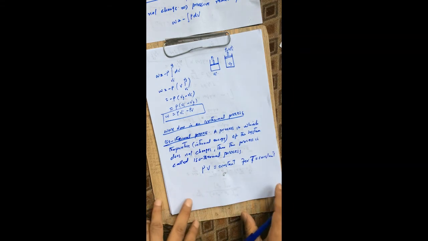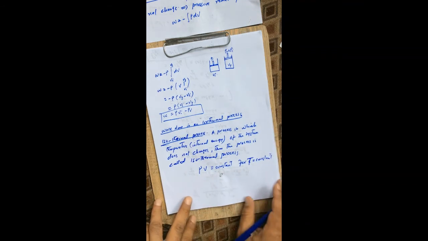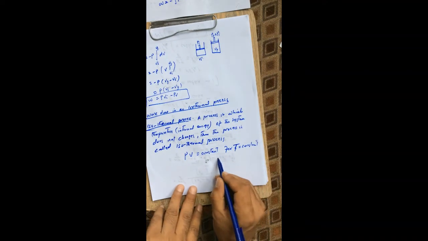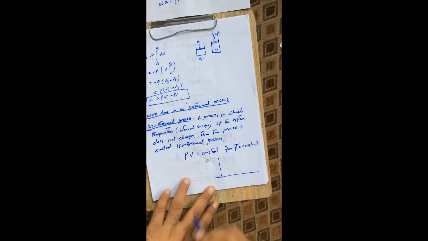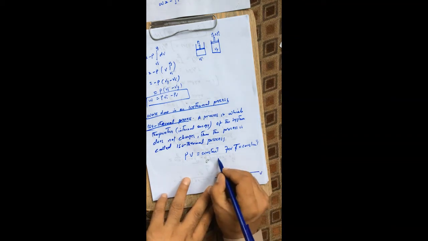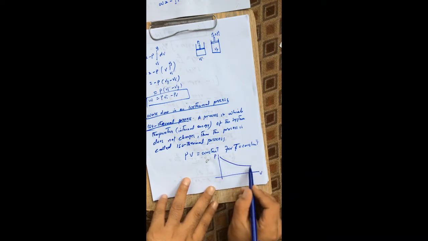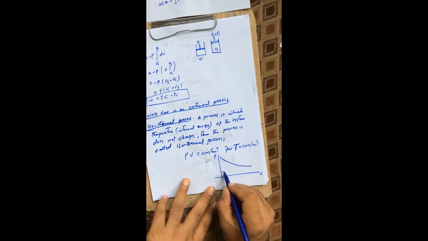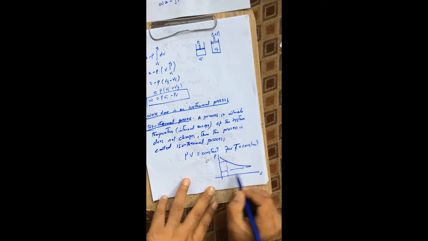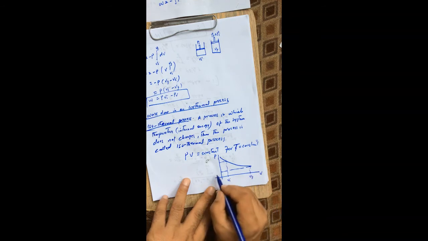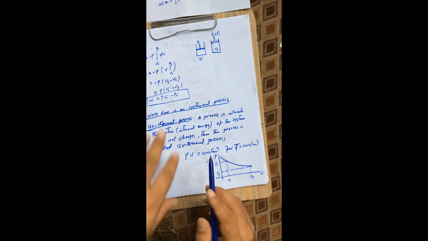So the relation between P and V at constant temperature is given by this, and if I plot it, let's suppose this is the volume and this is the pressure. If I plot it, the plot will be like this. Here we have the initial pressure and final pressure, here the initial volume, and this is the final volume. Now this is the PV diagram for the isothermal process.